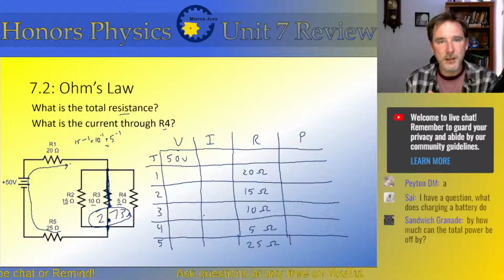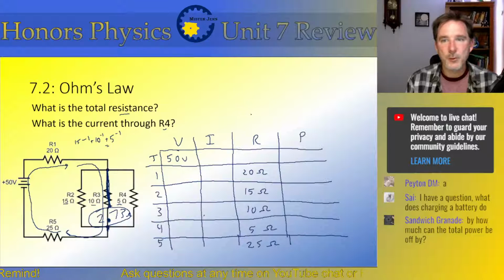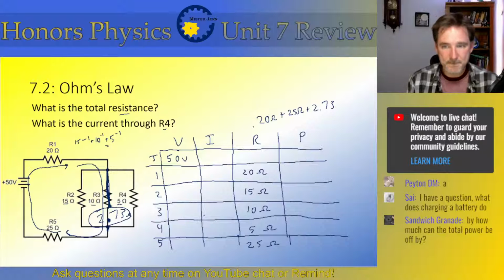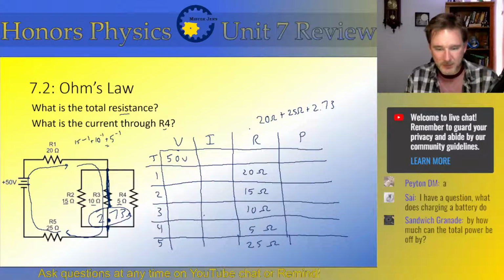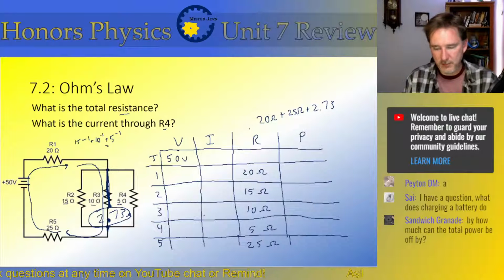So we've got the 20, we've got now this 2.73 ohm resistor and the 25. So for the total resistance, I'm going to take 20 ohms plus the 25 on the bottom plus the 2.73 that I just got. I don't trust that I could do it in my head, so I'll use the calculator. Plus 25, 47.73.